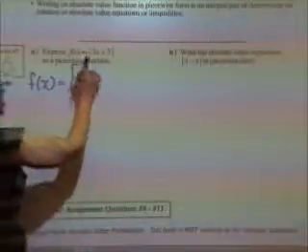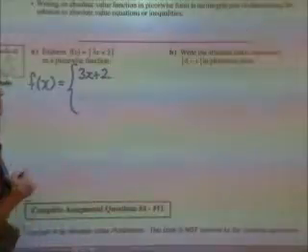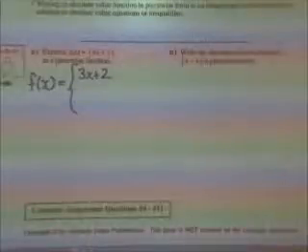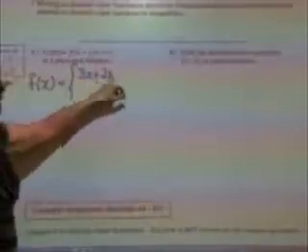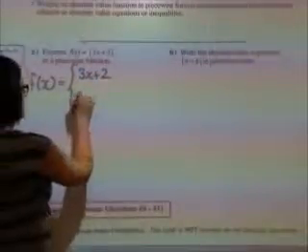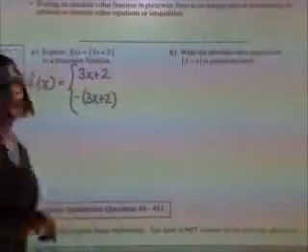The first equation is the positive value. So it is whatever the quantity is inside the absolute value. I just take the bars off. The second equation is the negative of the first one. So negative 3x plus 2.